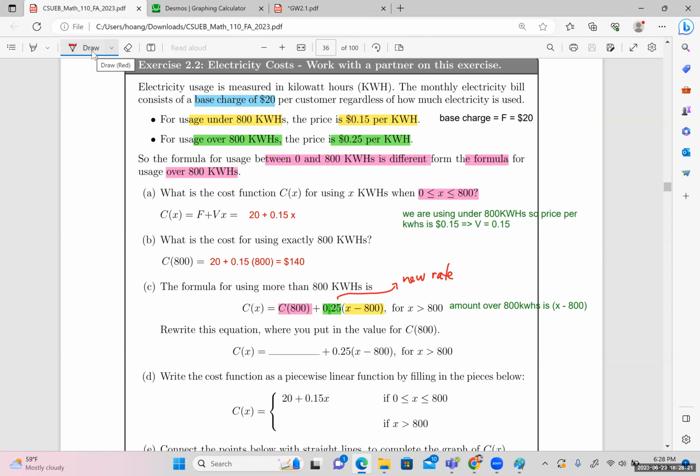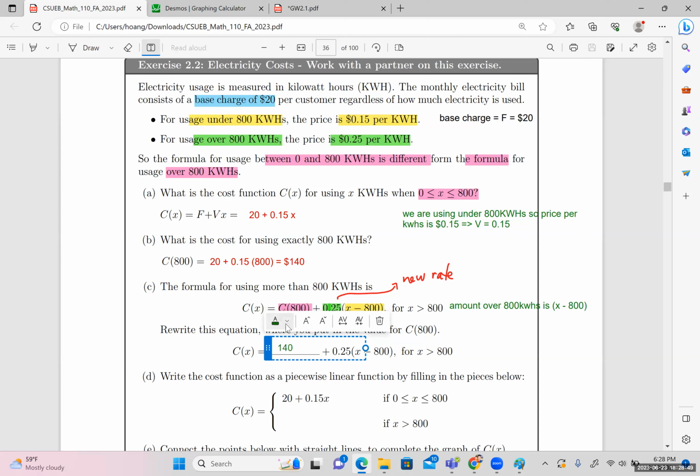Okay, so according to that, I can rewrite this equation where you put in the value for the cost of Anders. What's the cost of Anders? $140, right?